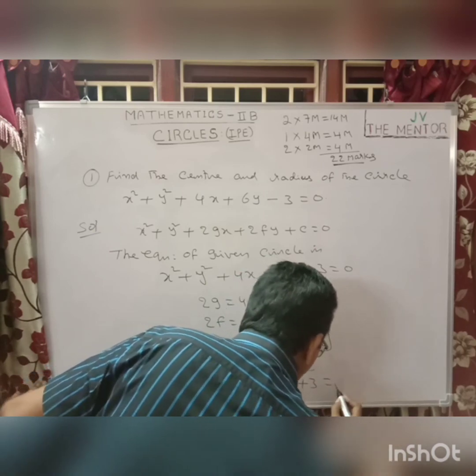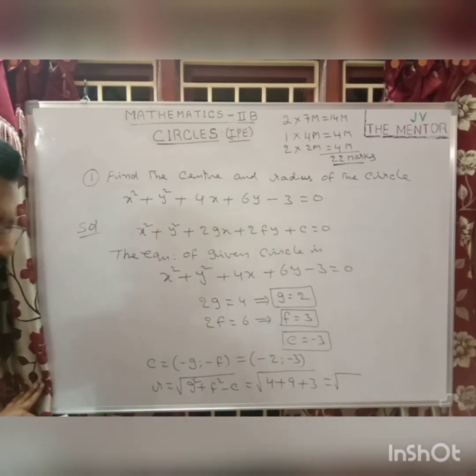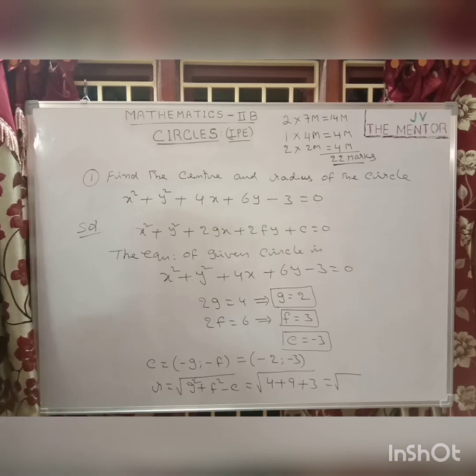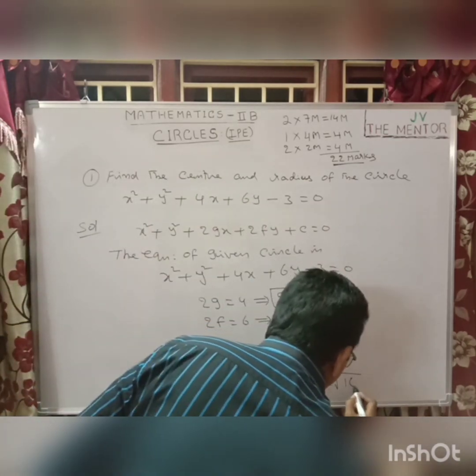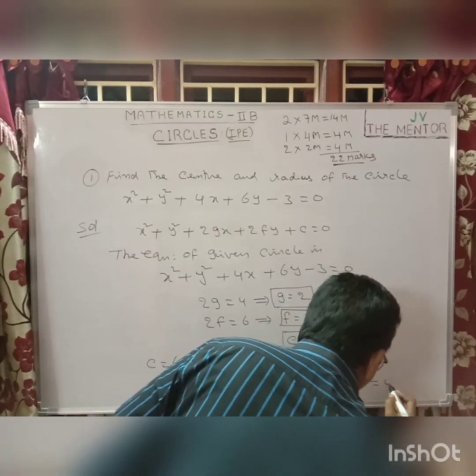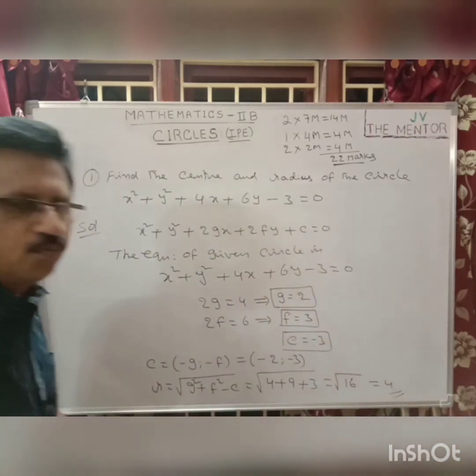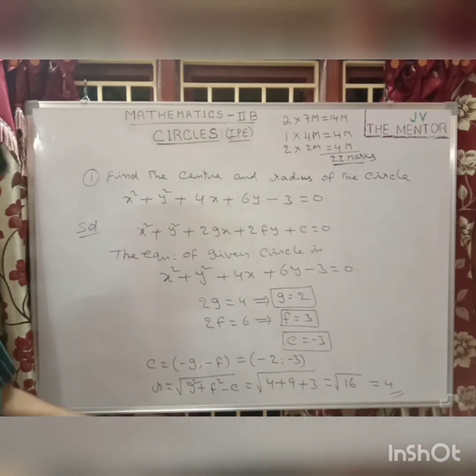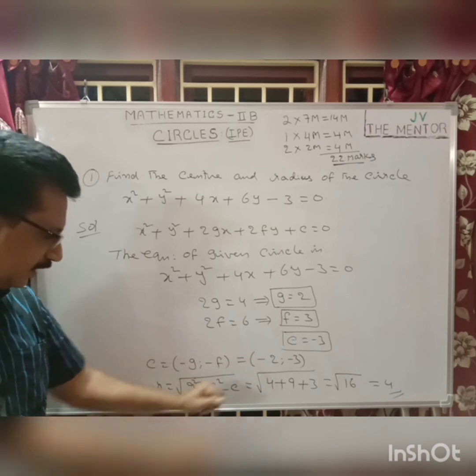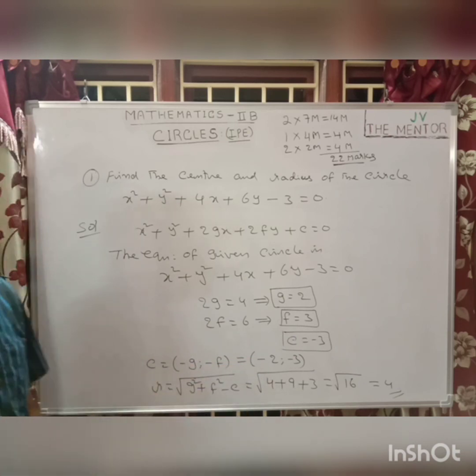That equals root of 4 plus 9, 13, 13 plus 3, 16. Root 16 is 4, that is 4 units. So this is the center of the circle, and this is the radius of the circle. Write down.